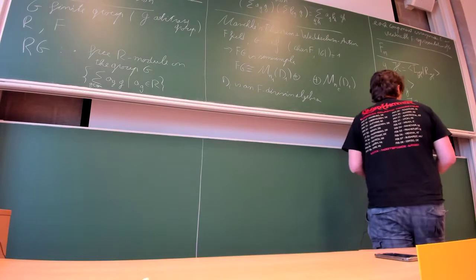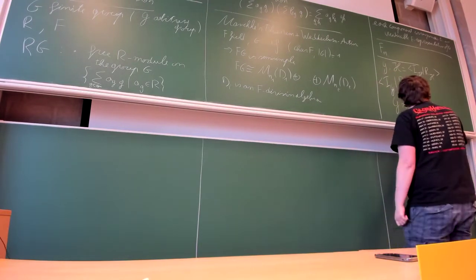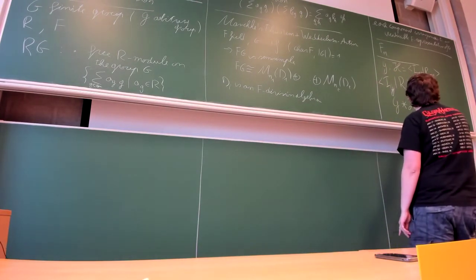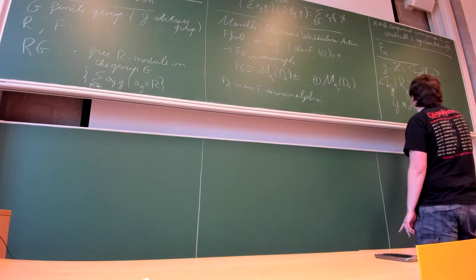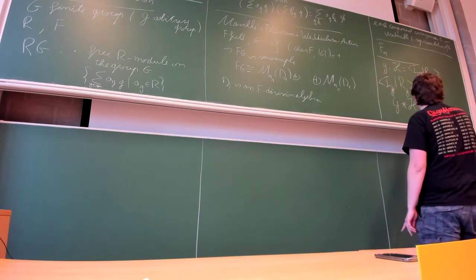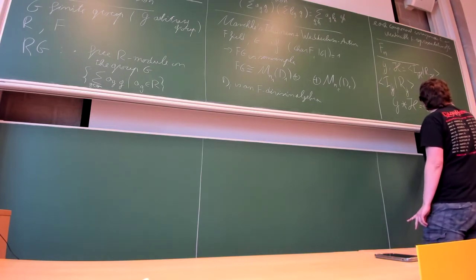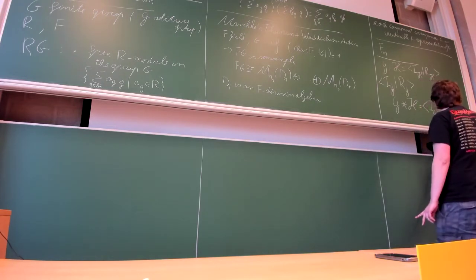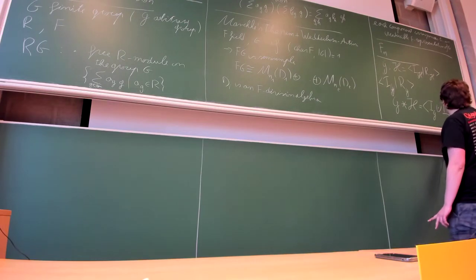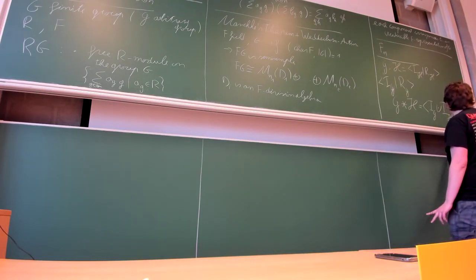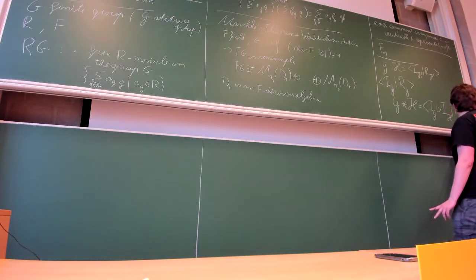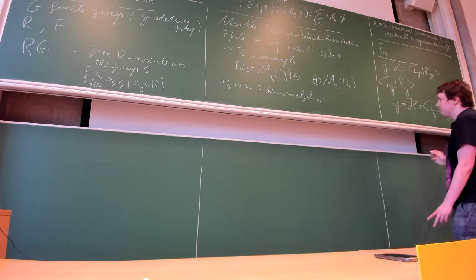G free product H, and to me this is just the group which is naturally generated by these two, G and H. It's I_G, and then a disjoint union with this I_H, and here you just take the relations as well. Okay.